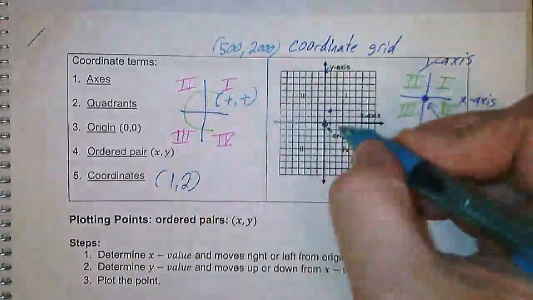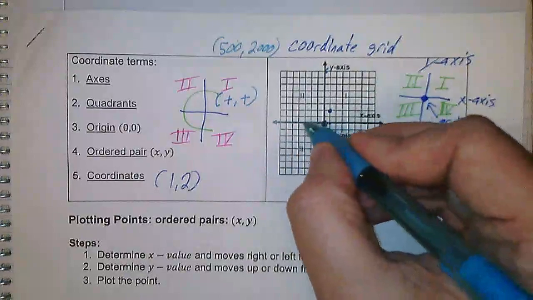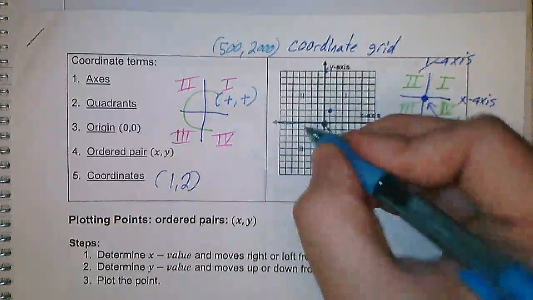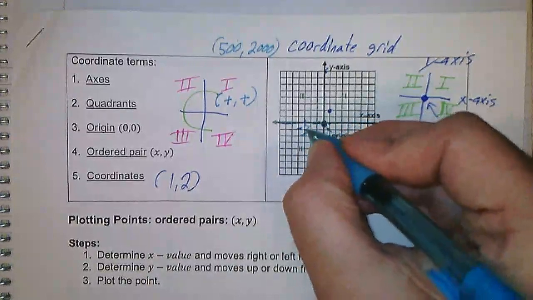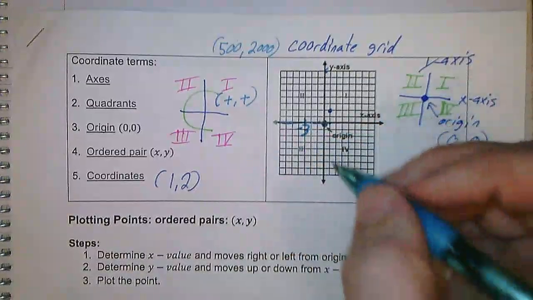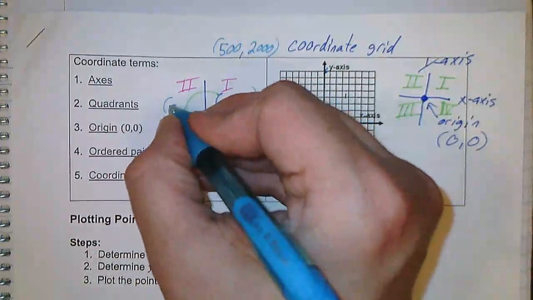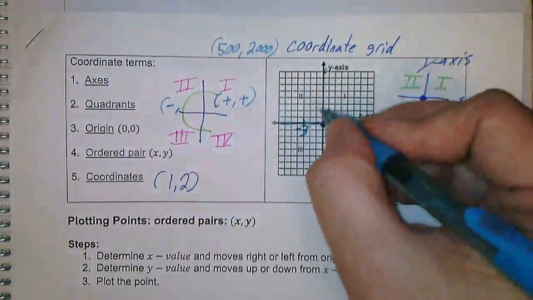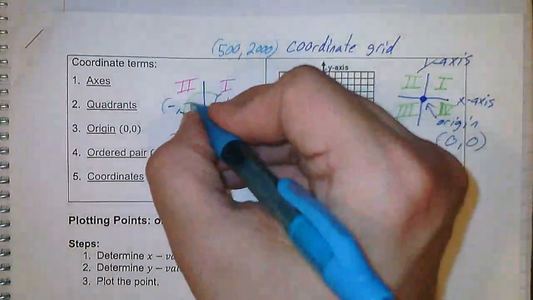And so for quadrant 2, we are to the left of the origin. So these are where our negative numbers lie. This would be like -3. So in quadrant 2, the x value is negative, but the y value, we're in the positive land for y values.